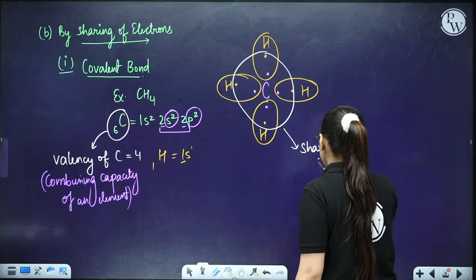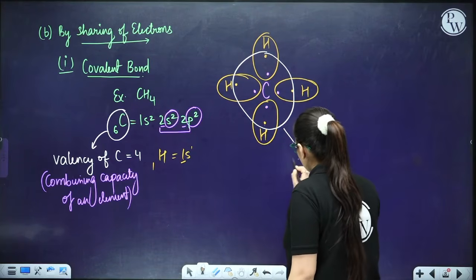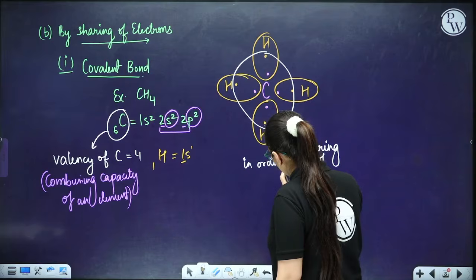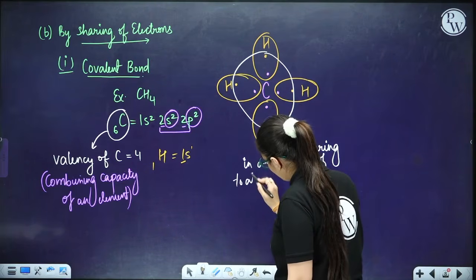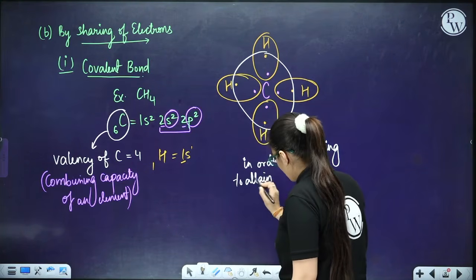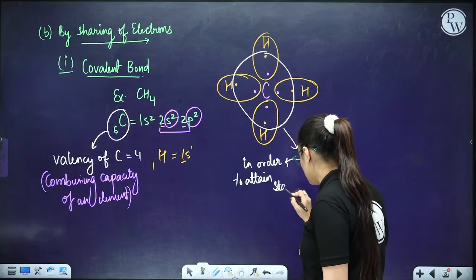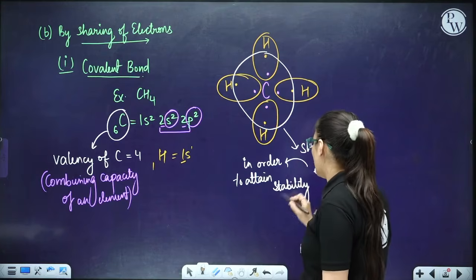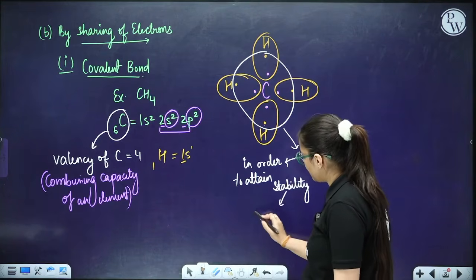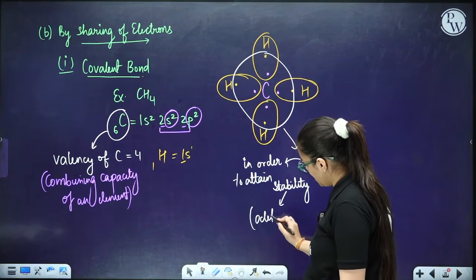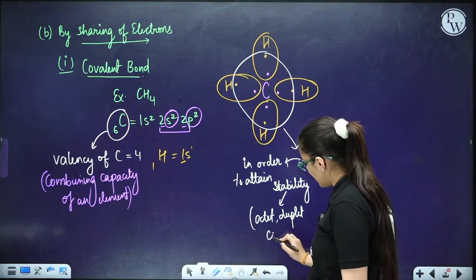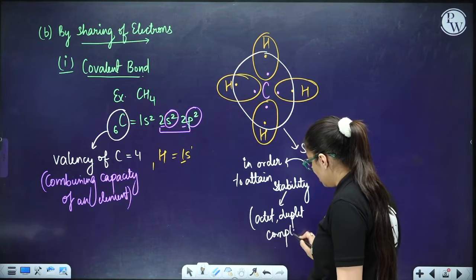It is sharing of electrons in order to attain stability. That can be attained by getting the octet complete or getting the duplet complete.